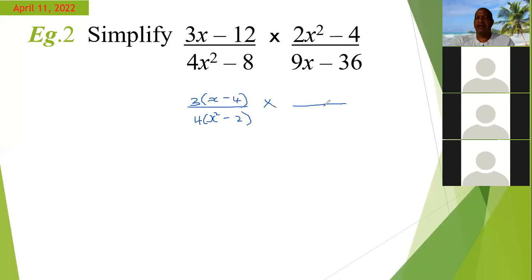For the next fraction now we'll have what? 2, open bracket, x squared minus 2. For the denominator? 9, x minus 4.